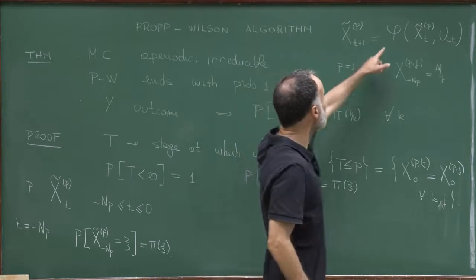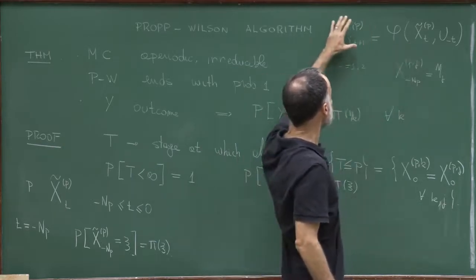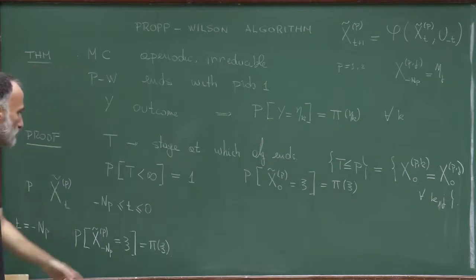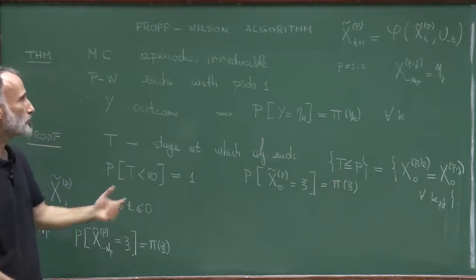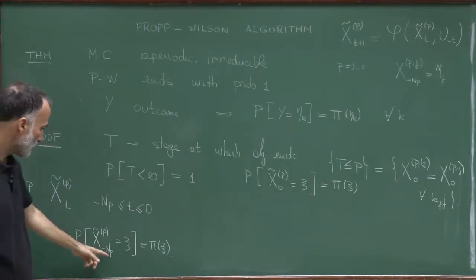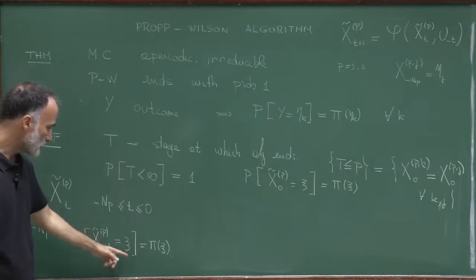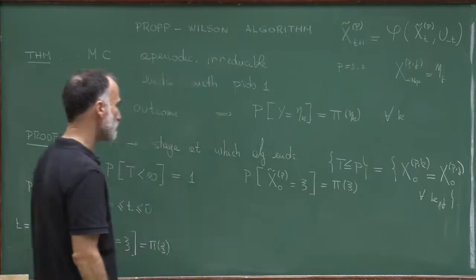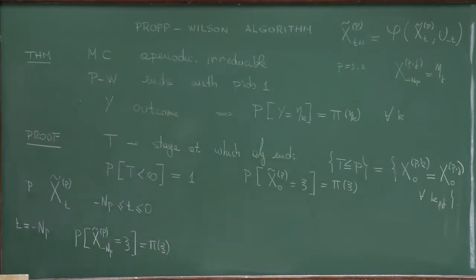Because this equation defines a Markov chain with transition matrix P, and pi is the stationary state of this Markov chain. Therefore, if at time minus n_p the distribution is pi, at time 0 the distribution is also pi. So this is what I know.